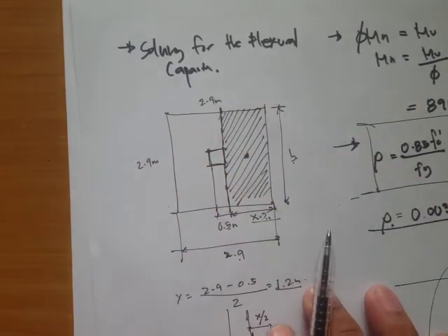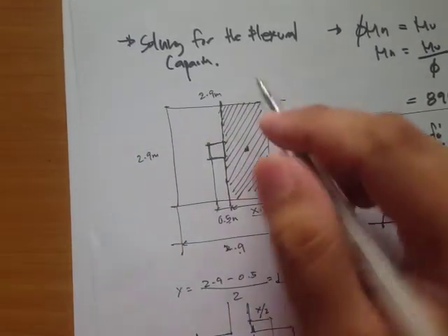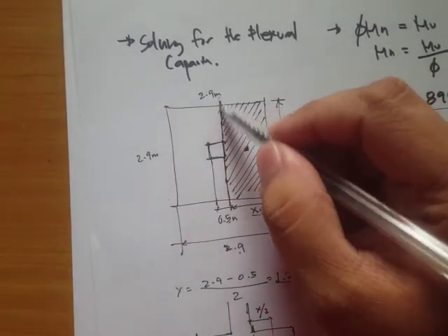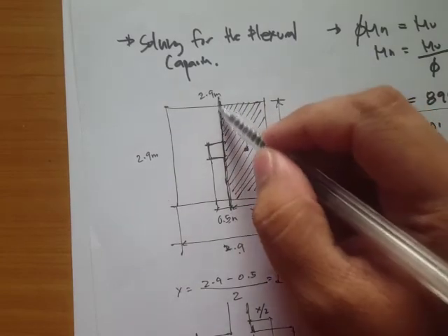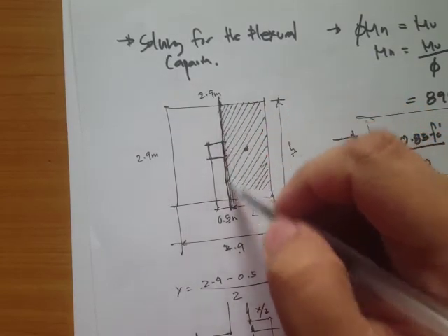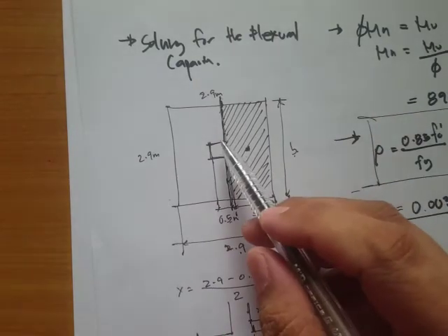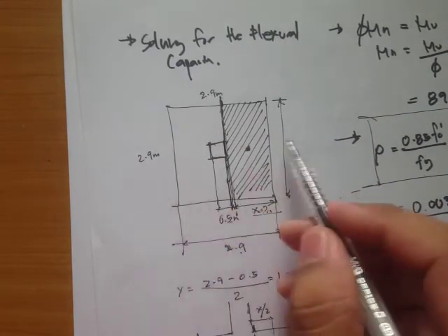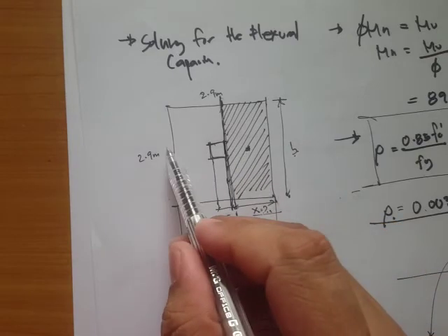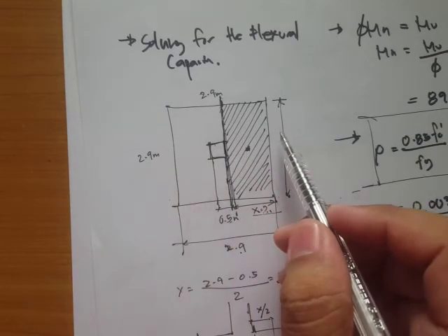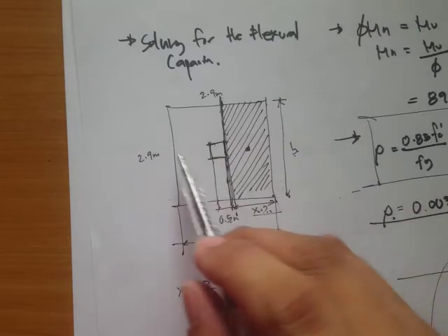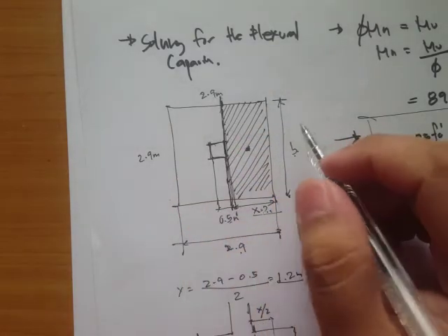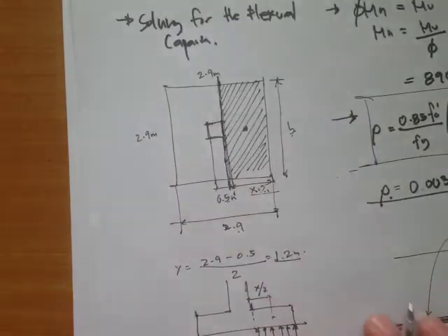Now in solving this flexural capacity, we have this critical section at the face of the column. Now if you're having a rectangular footing, then you have to solve for the other side. But here, since this is just a square footing, then it's just the same.